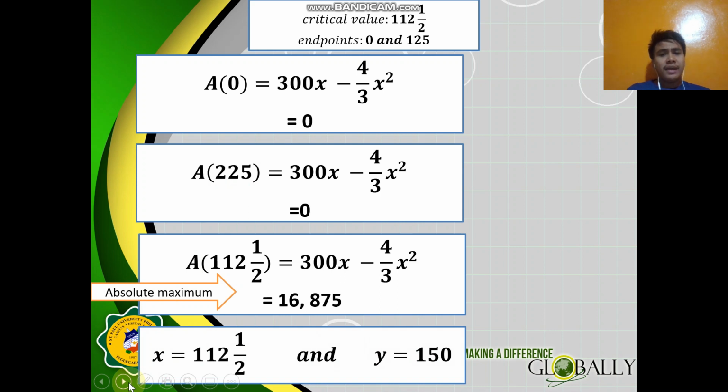You might be thinking, where did I get this 150? So I obtained this from our original equation a while ago, which is 4x plus 4x plus 6y is equal to 1,800. So when we substitute x as 112 and a half, here we get 150.